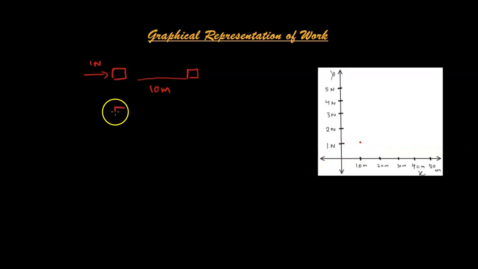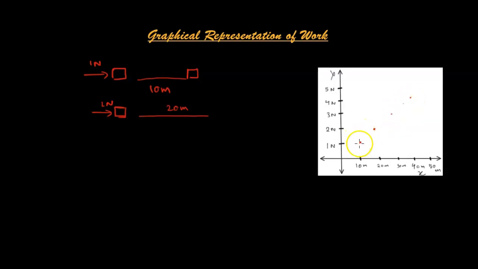Then when 2 Newton force is applied on the same box, it is producing 20 meter distance. So somewhat it will come over here. 2 Newton and then 20, and we will go like this. It will keep on coming like this, like this, and like this.